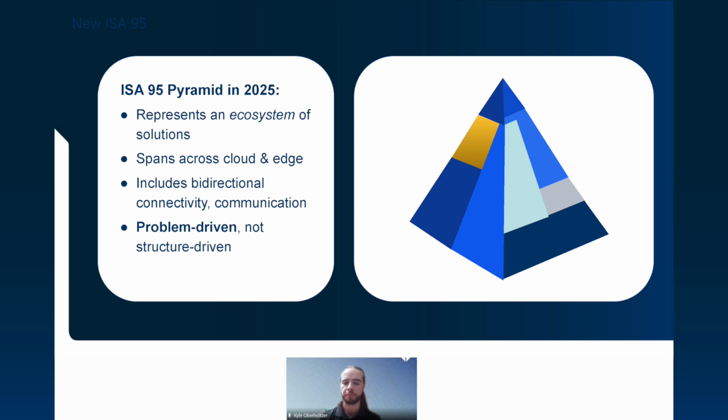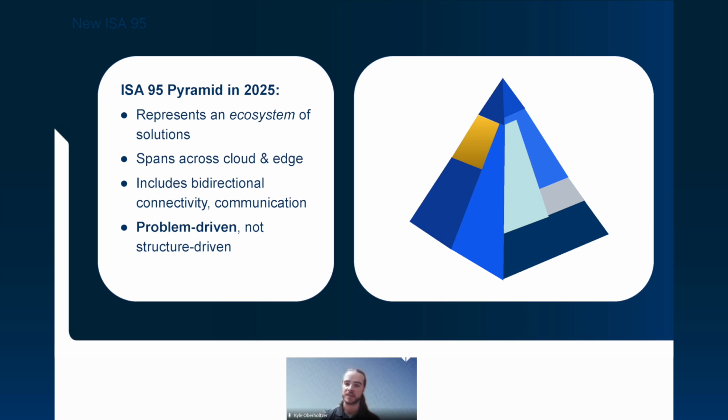So no longer is it the best or most forward-thinking way to define software systems that we see with this rigid ISA 95 model. Instead, this pyramid has kind of evolved to represent still some domains in which certain systems work, but the systems that are implemented there are instead made because of the problem they're trying to solve.